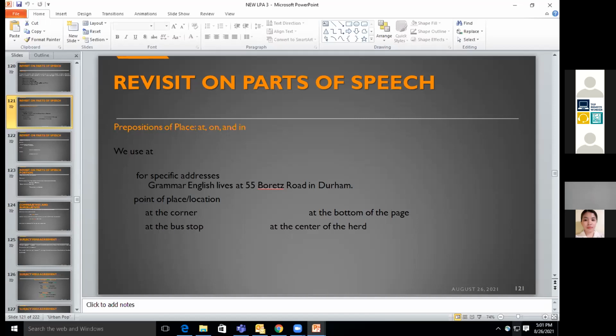For a point of place or location: at the corner, at the bus stop, at the bottom of the page, at the center of the herd. Because sometimes we say on the corner, right? On the bus stop. Okay. So when we're providing a place, it should be at. Okay.